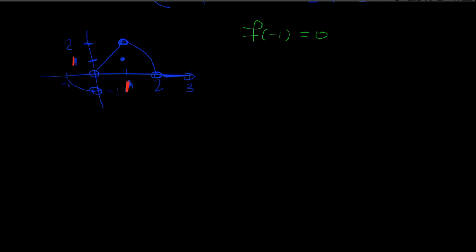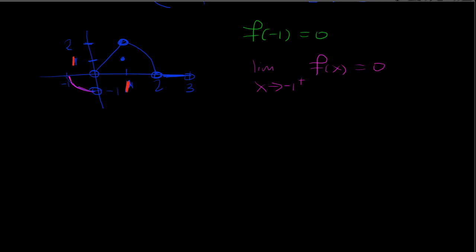So it exists. Does the limit as x approaches negative 1 from the right exist? Well, if we're coming from the right, we're coming along this quarter circle, and yes, it approaches 0. So the limit as x approaches negative 1 from the right is 0.